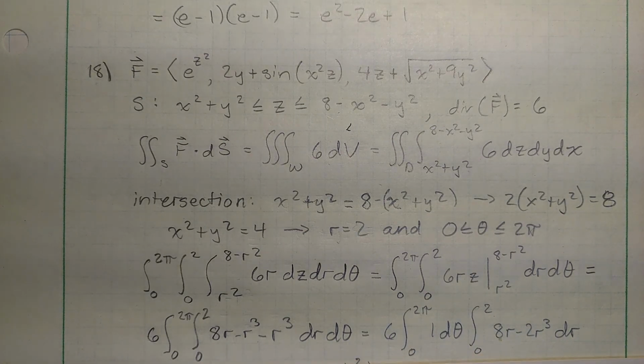So integrating this, I just plug in 6 times 2 pi. And when I integrate this, I get 4r squared minus 1/2 r to the 4th, evaluated from 0 to 2. So plugging in 2 here looks like I would get 16 minus 8. So I get 6 times 2 pi times 8, which ends up being 96 pi. Okay, hope that makes some sense to you.